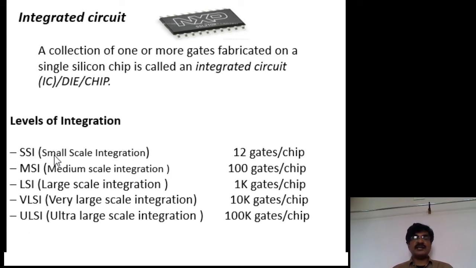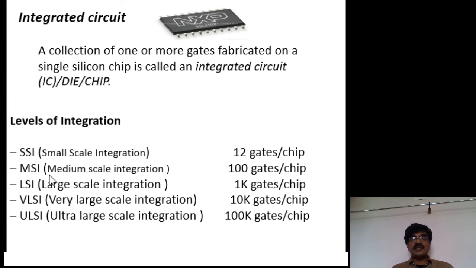Coming to small scale integration, in this level only 10 to 12 gates are available per chip. All logic gate ICs, meaning AND gate IC, OR gate IC, NAND gate IC, NOT gate IC, all come under this category, small scale integration.